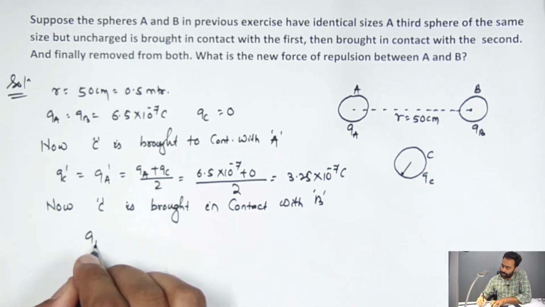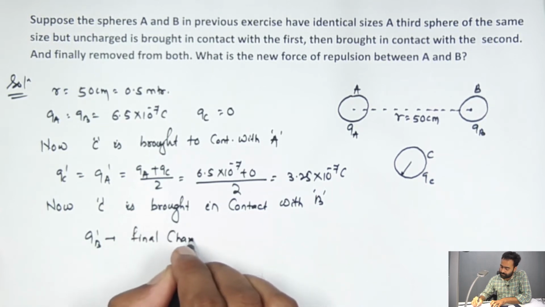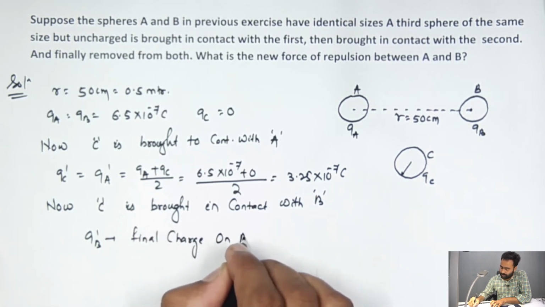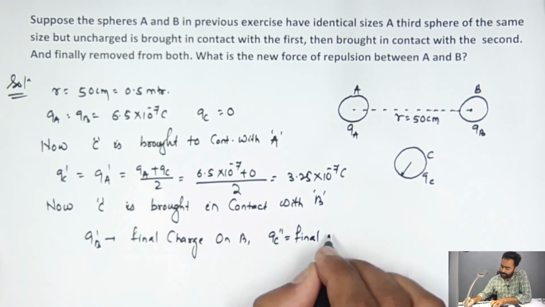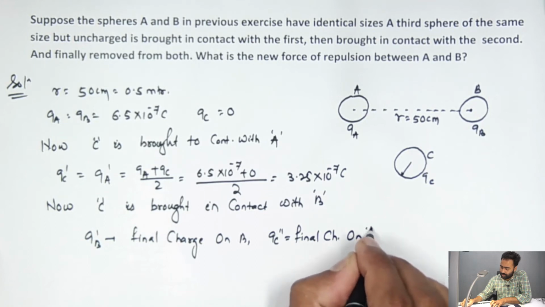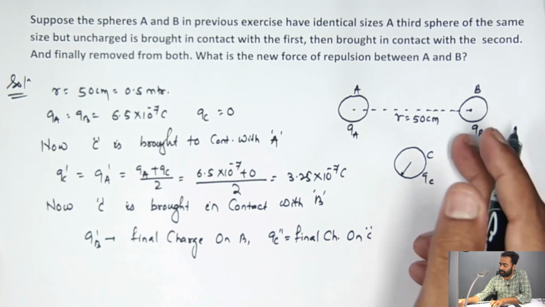So QB dash is the final charge on B and QC double dash is the final charge on C after contact with B.